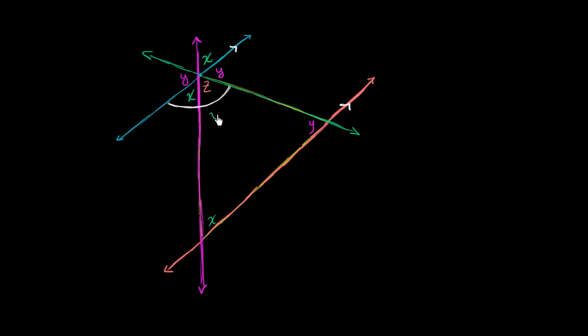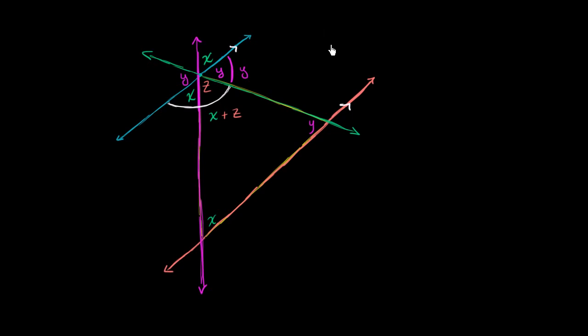It's going to be x plus z. And that angle is supplementary to this angle right over here that has measure y. So the measure of this white angle, which is x plus z, plus the measure of this magenta angle, which is y, must be equal to 180 degrees because these two angles are supplementary.